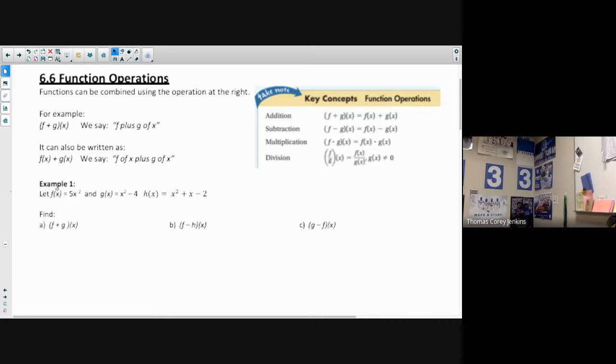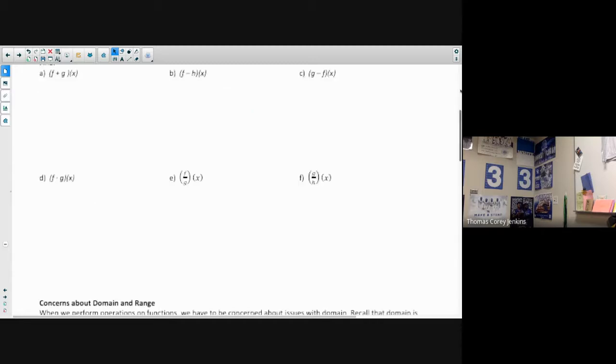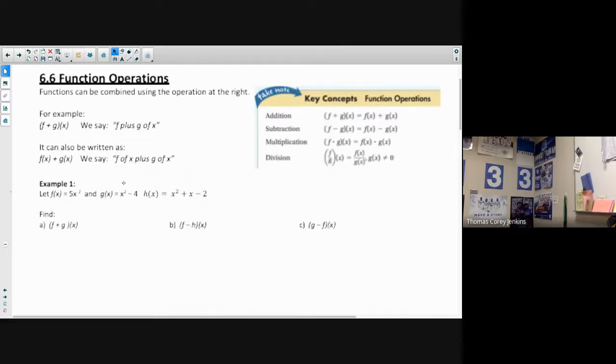It says, for example 1, let f of x be 5x squared, g of x is x squared minus 4, and then h of x is x squared plus x minus 2. So one thing that you're going to need to do ultimately, if you have these quadratics, is check to see if they can be factored, okay? So as is usually the case, we have factoring coming into play one way or another.